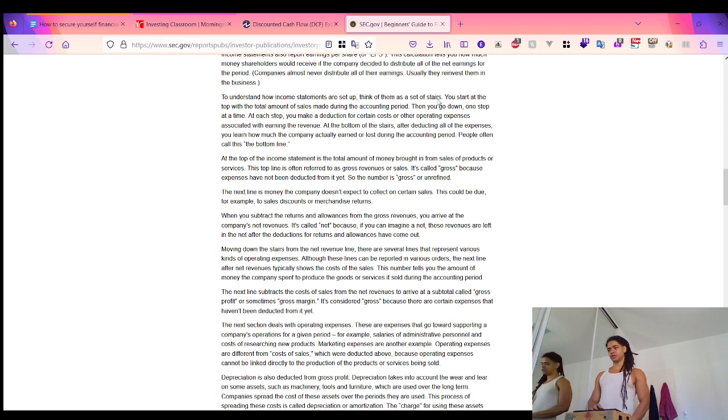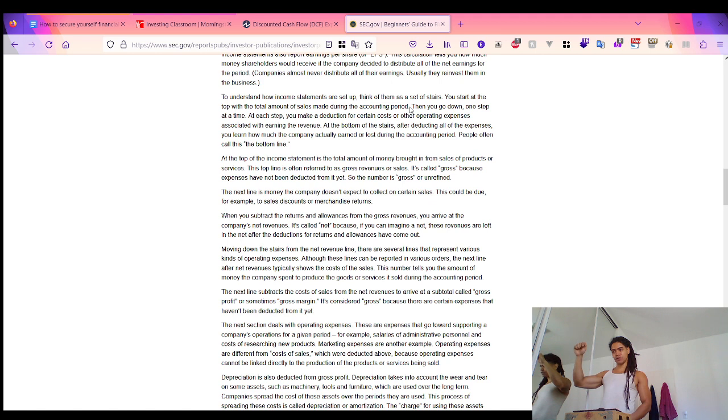So to understand how income statements are set up, think of them as a set of stairs. You start at the top with the total amount of sales made during the accounting period, and then you go down one step at a time.